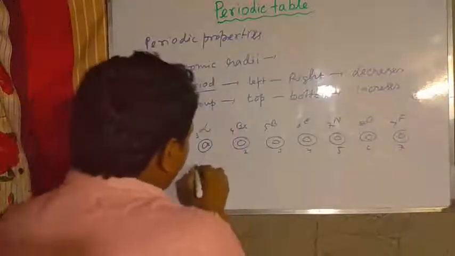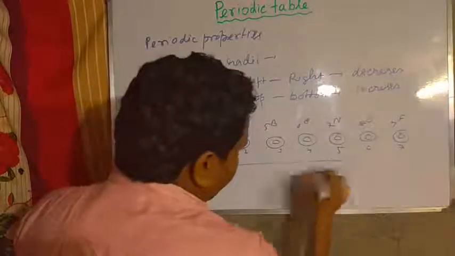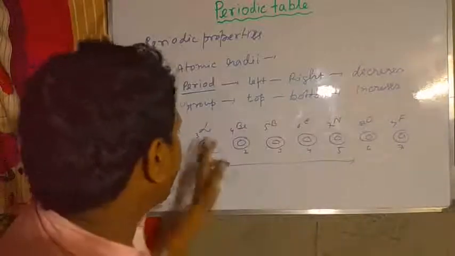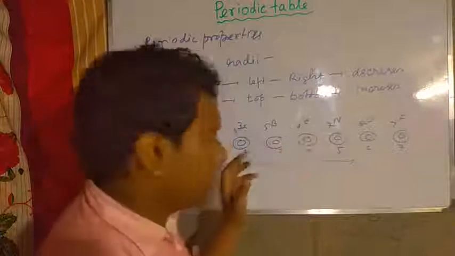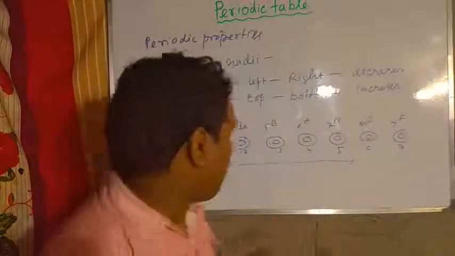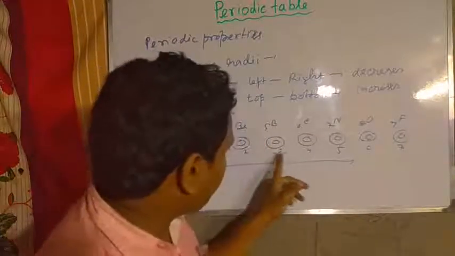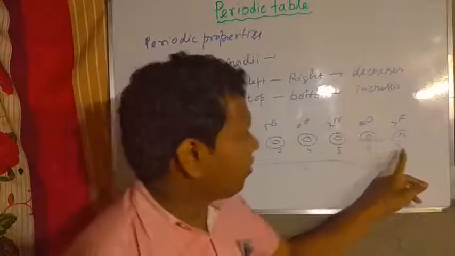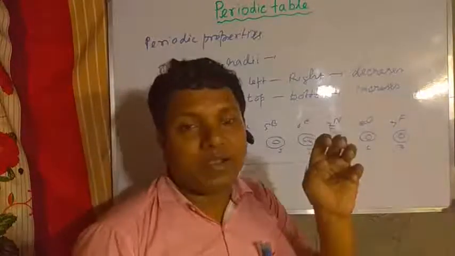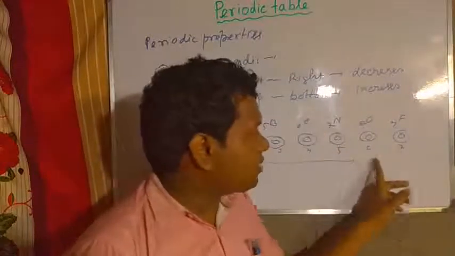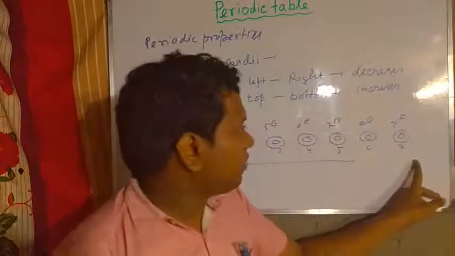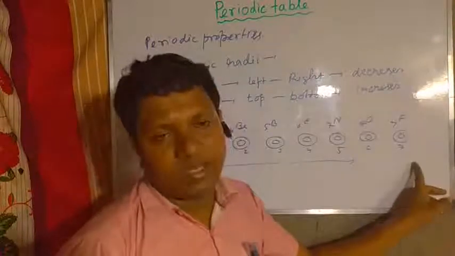So now, if we go from left to right, the atomic number increases, so the number of protons in the nucleus increases. Also, the number of outermost shell electrons increases. So the attractive force between the nucleus and the outermost shell increases from left to right.